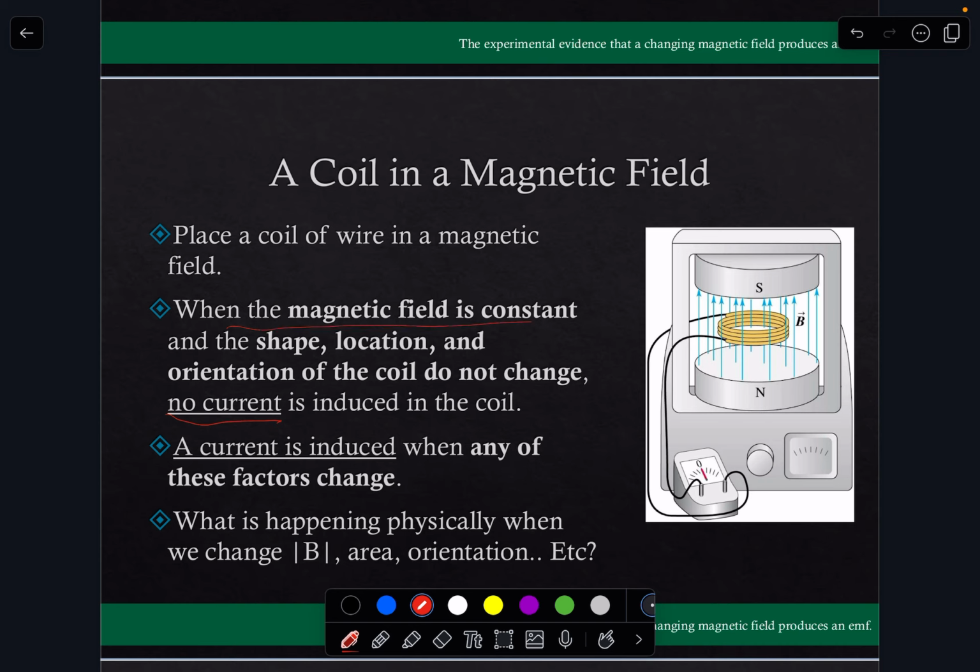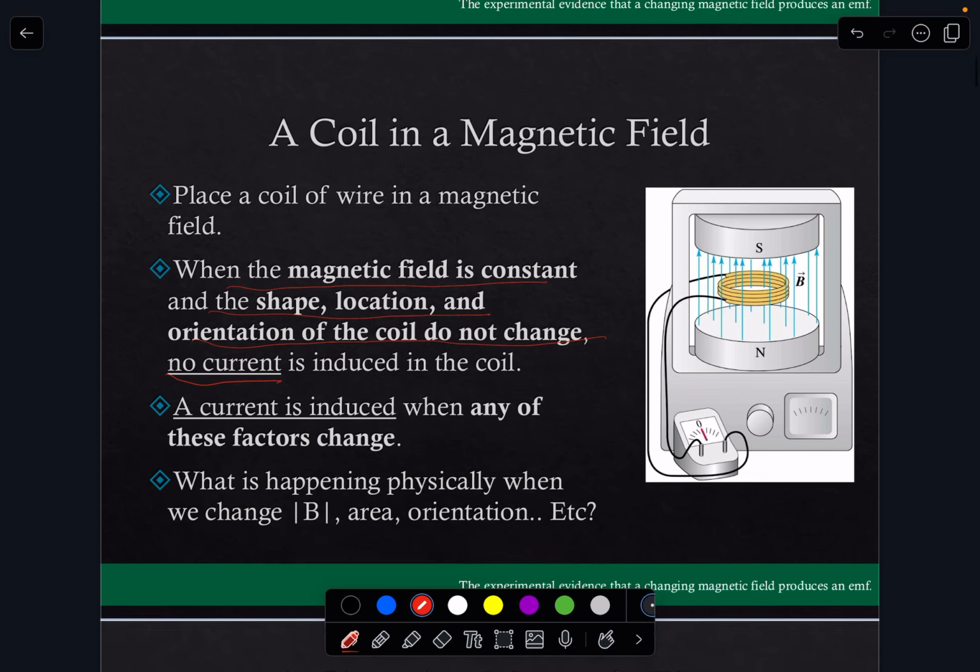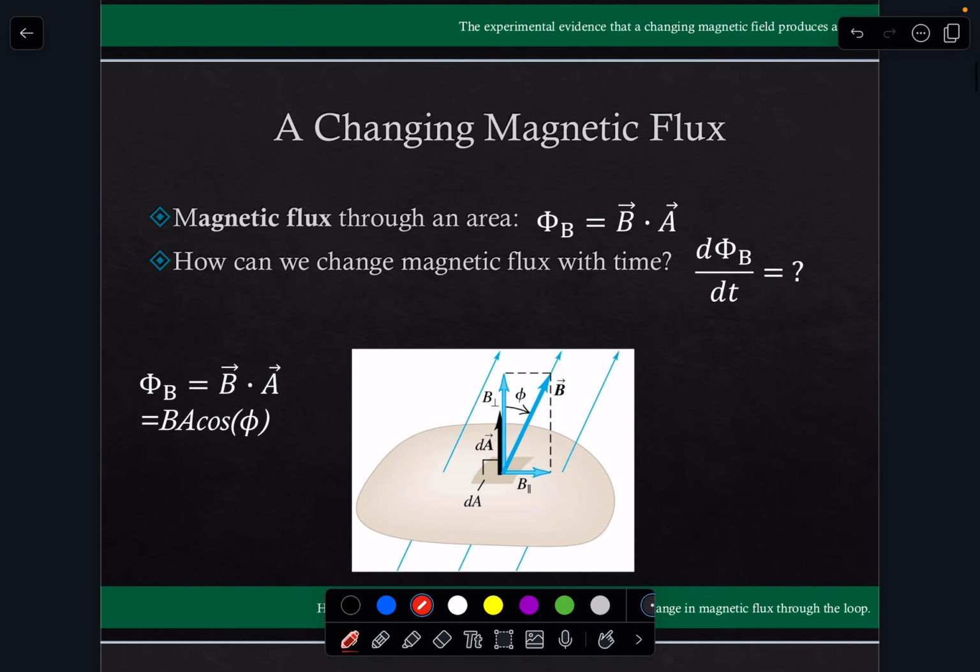If the magnetic field is constant, the shape and location and orientation of the coil do not change, okay? However, you do get an induced current if any of those quantities change with time. And so what that is leading us to, and I mentioned it already, is that a changing magnetic flux, okay, not just a changing field, but a changing magnetic flux produces an induced EMF, okay?